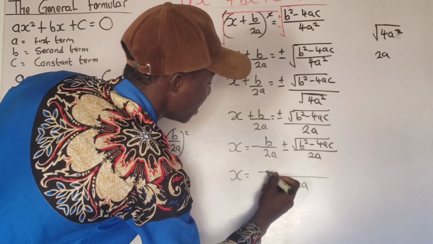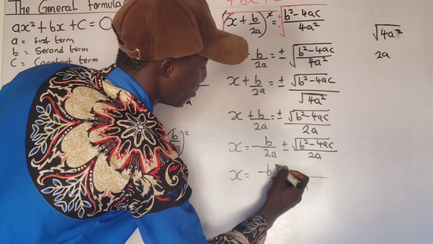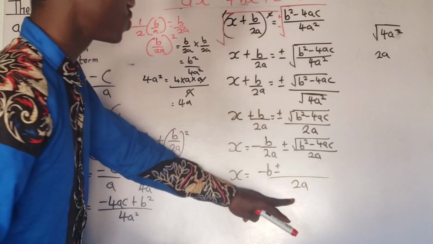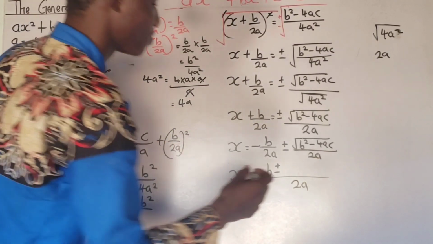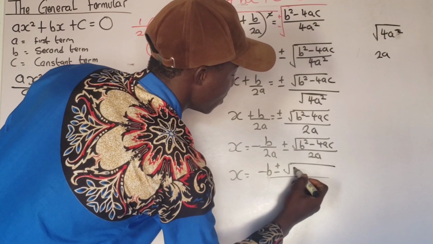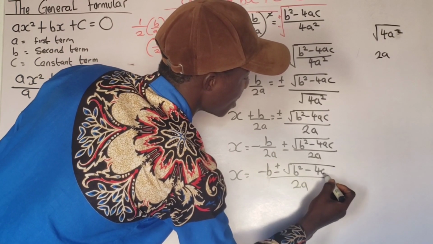So I'm going to have negative b plus or minus 2a divided by 2a, which is 1, 1 times square root of b squared minus 4ac, that is square root of b squared minus 4ac.